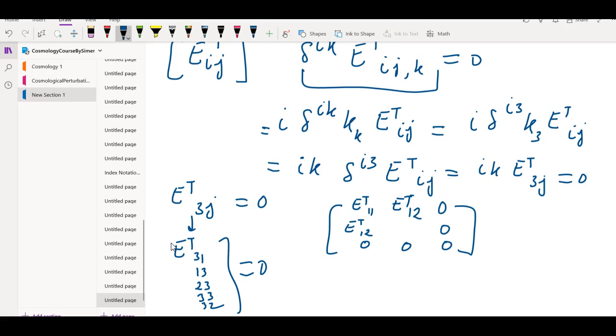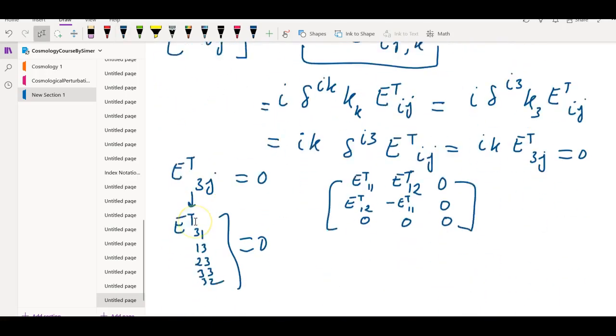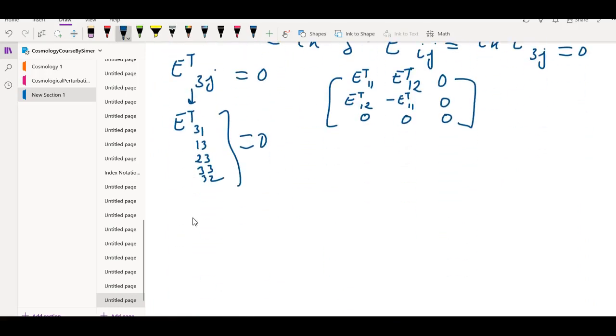And for ET11, I have to make this traceless also. In order to make this traceless, I will write this as minus ET11. So this is my ETIJ.